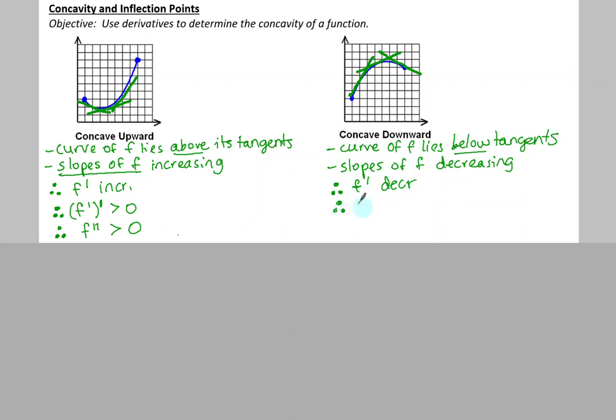Therefore, the derivative of f prime is negative, since when a function is decreasing, its derivative is negative. And since the derivative of the first derivative means the second derivative, then the second derivative is negative in a concave down graph.